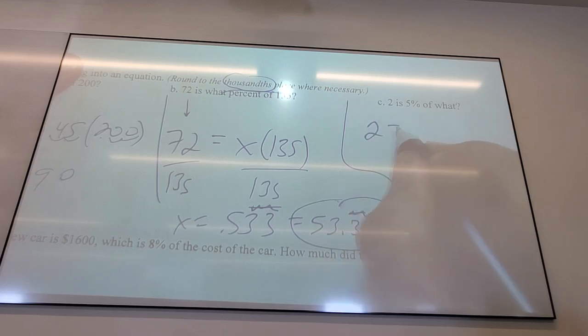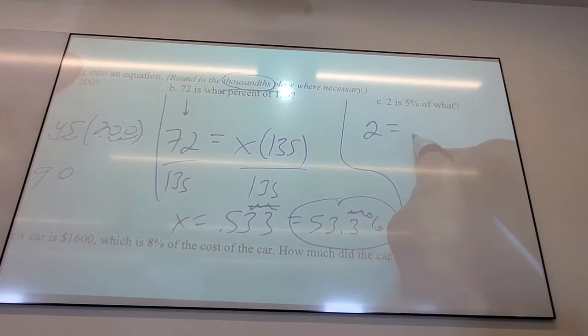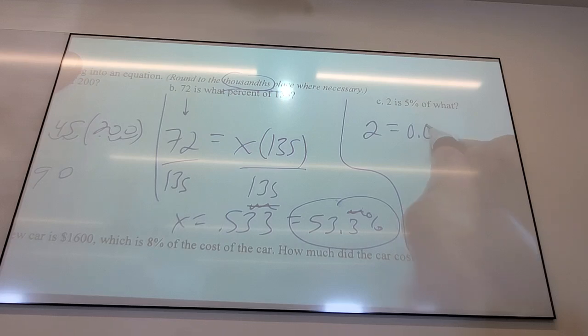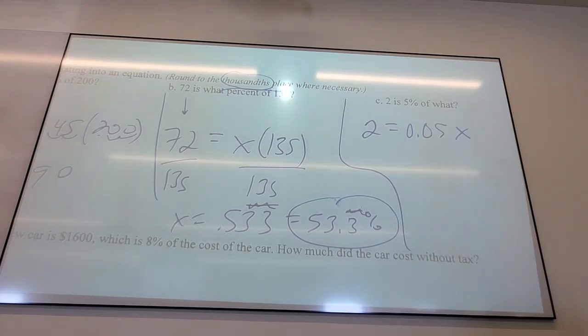Two equals, and 5% is known as what, as a number? 0.05, times, I don't know. So when you translate, you have to translate everything.